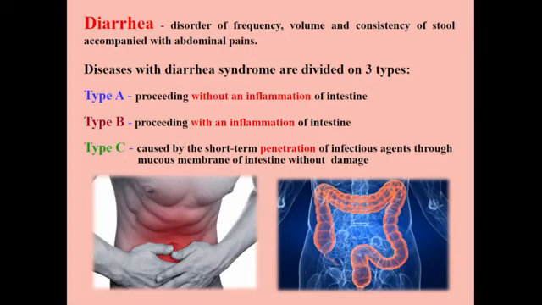It's kind of more of a topic for 6th year, but it's helpful in understanding the clinical picture in this part of intestinal infection. So type A, proceeding without an inflammation of the intestine. Type B, proceeding with an inflammation of the intestine. And type C, caused by short-term penetration of infectious agents through the mucous membrane of the intestine without damage.